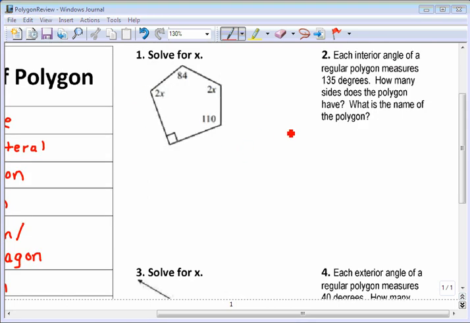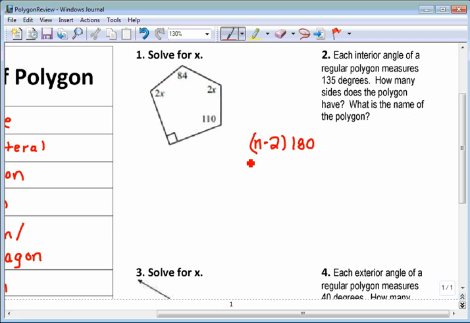Problem number 2 asks us, each interior angle of a regular polygon measures 135 degrees. How many sides does the polygon have? What is the name of the polygon? So first of all, we know that our formula for one interior angle of a regular polygon is n minus 2 times 180 degrees divided by n.